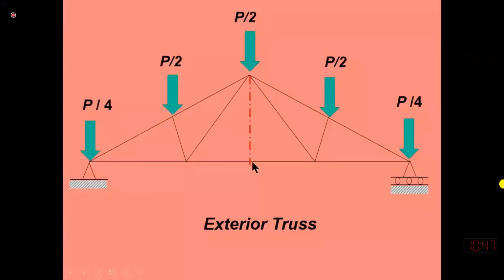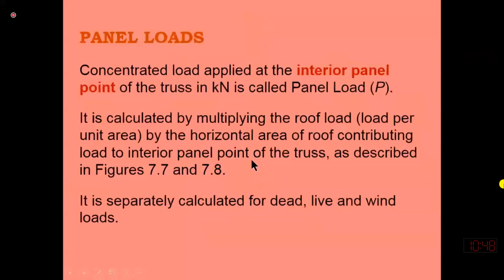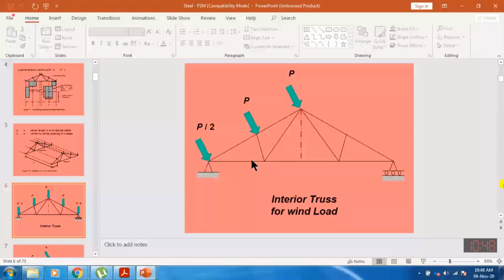If at any joint three members exist and no external force is acting, then the third member, which is not collinear (these members are collinear), the force in this member will be zero.